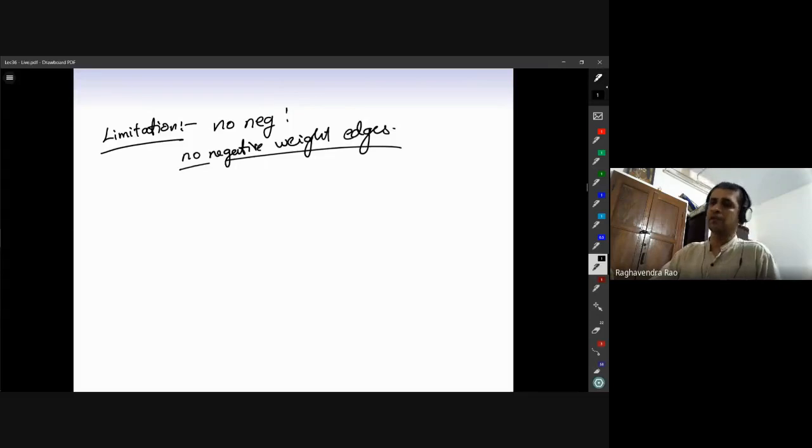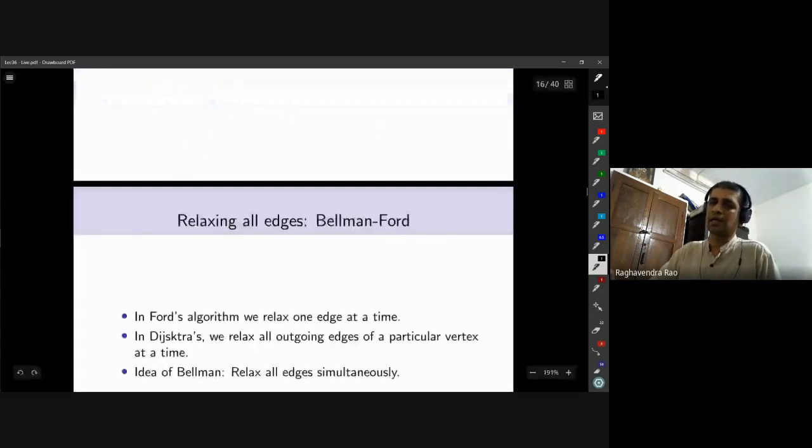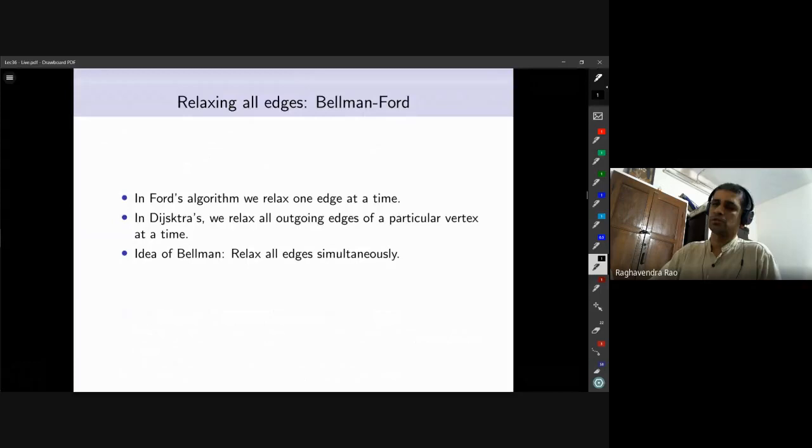So people have in fact looked at getting rid of such an assumption. I think probably even before Dijkstra, there was an idea by Bellman. This is basically an improvisation of Ford's generic algorithm. What Bellman thought was: instead of relaxing one edge at a time, we relax all of the edges simultaneously.